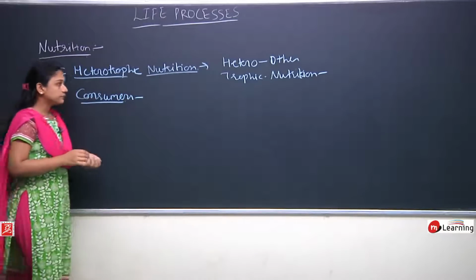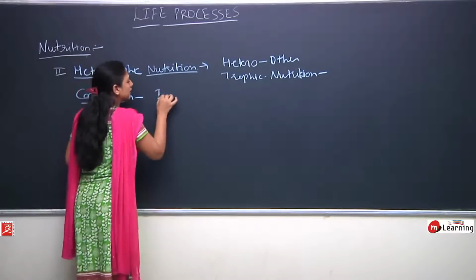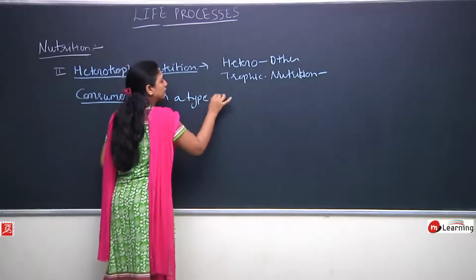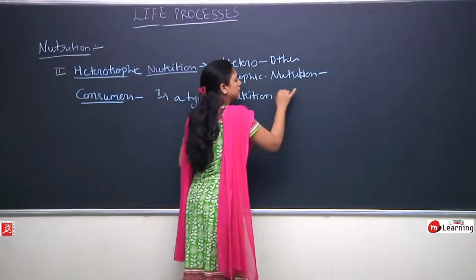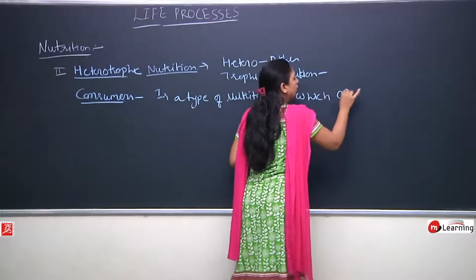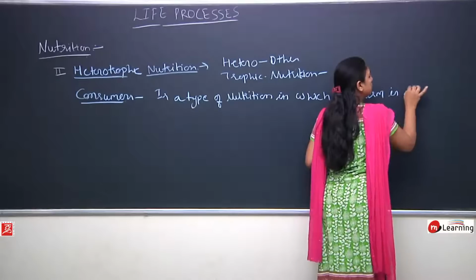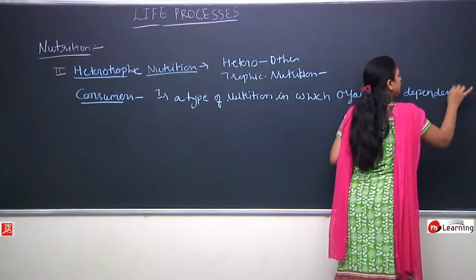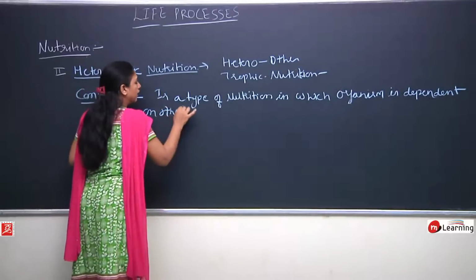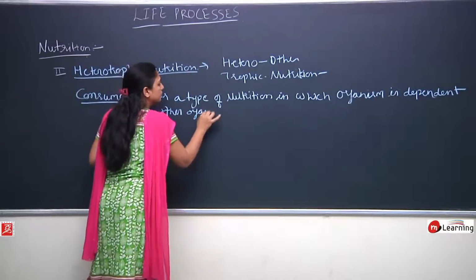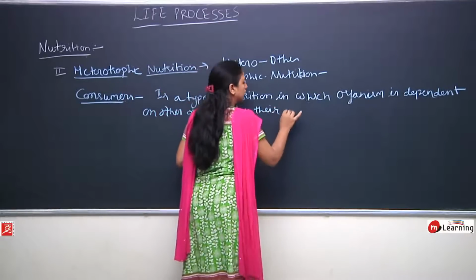Then we will define heterotrophic nutrition. The heterotrophic mode of nutrition is a type of nutrition in which an organism is dependent on other organisms for its need of nutrition.